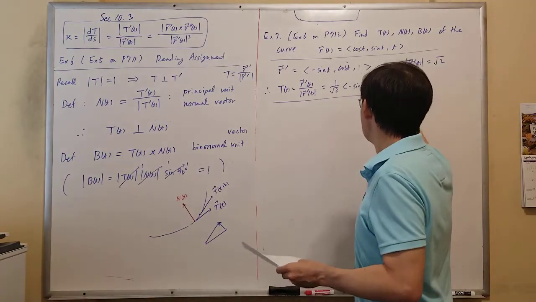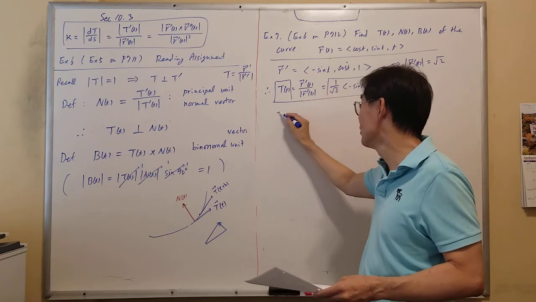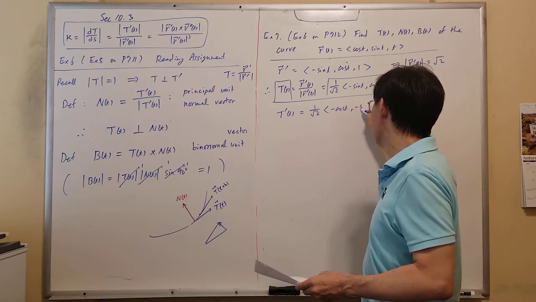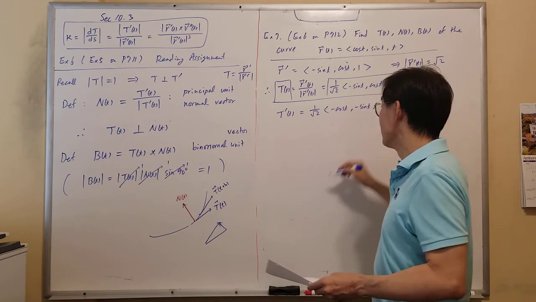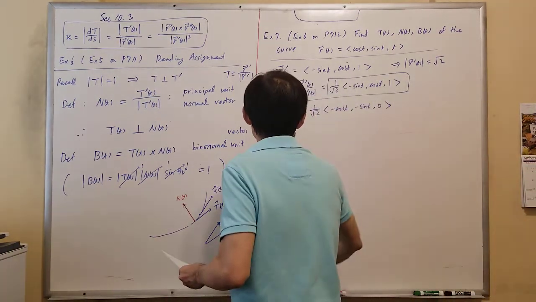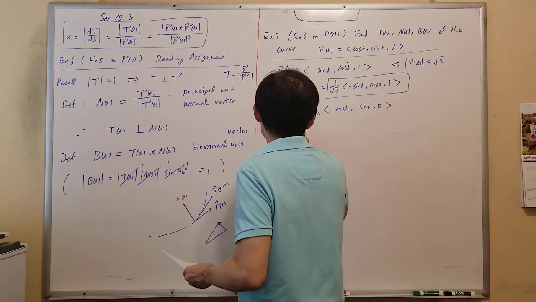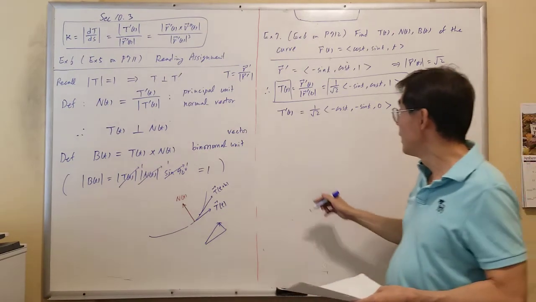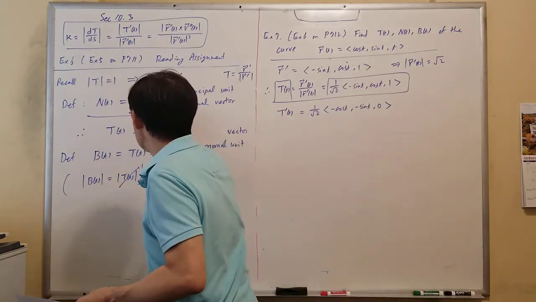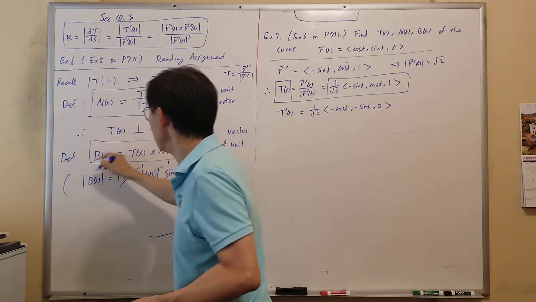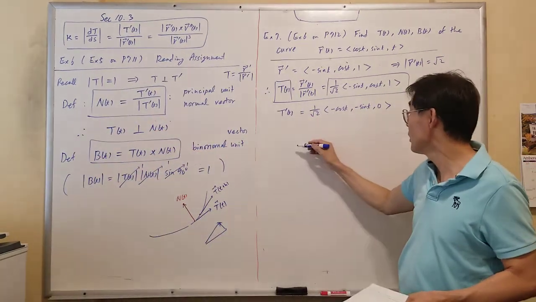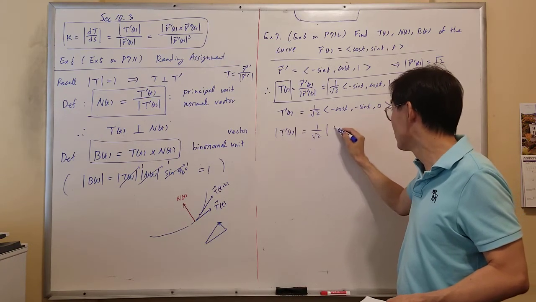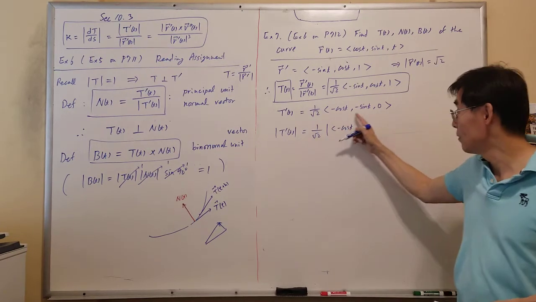Now, the second step: T prime is minus cosine t, minus sine t, and 0. And we need to divide by this magnitude. What is the magnitude? It is just a constant multiple of this magnitude.